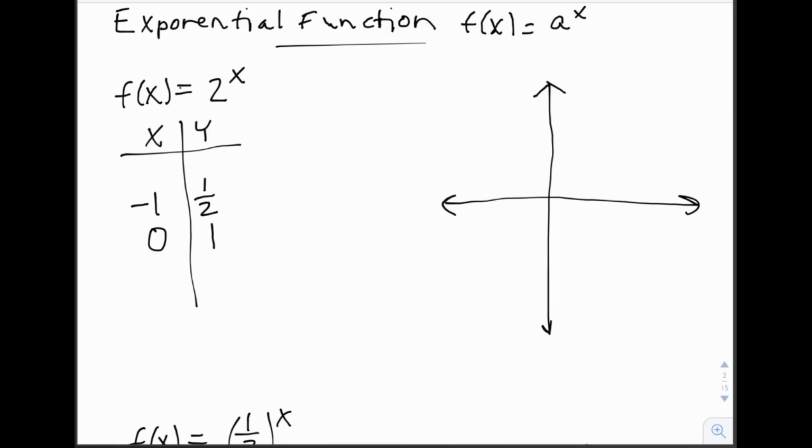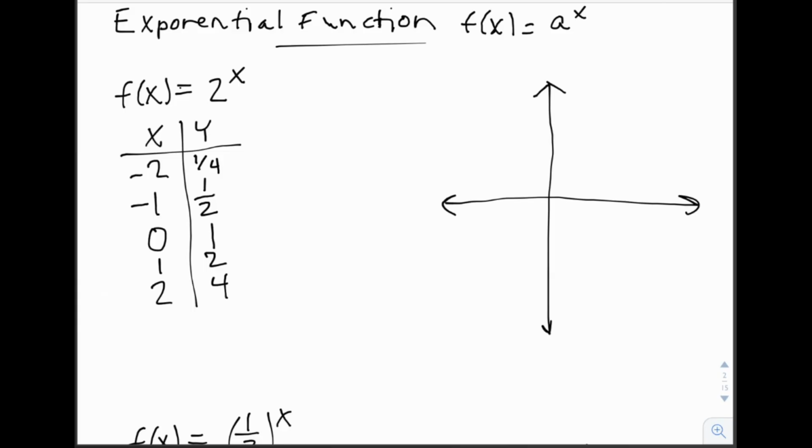Next, if we pick negative 2, a positive 1, and then a positive 2, we will get values of 1/4, 2, and finally a value of 4 if we plug in the 2. Let's graph this and figure out what it looks like.